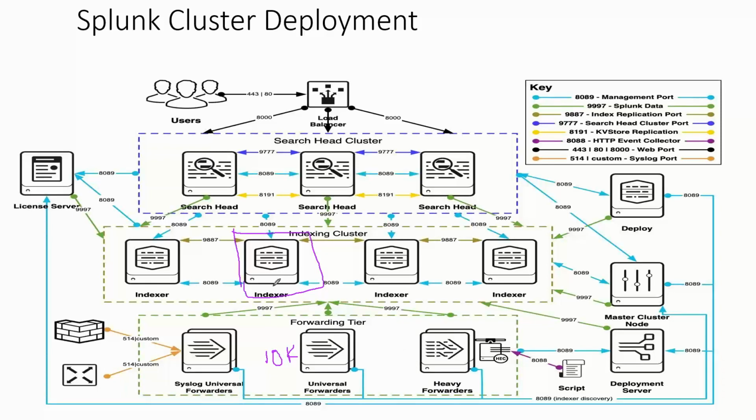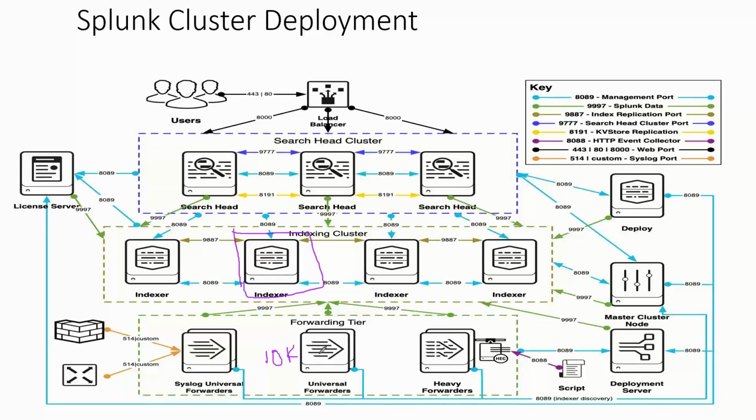So what I will do is have a cluster. What this cluster will do is that the data from 10,000 servers will be sent to multiple nodes, multiple indexers, and the data will be replicated across these nodes.